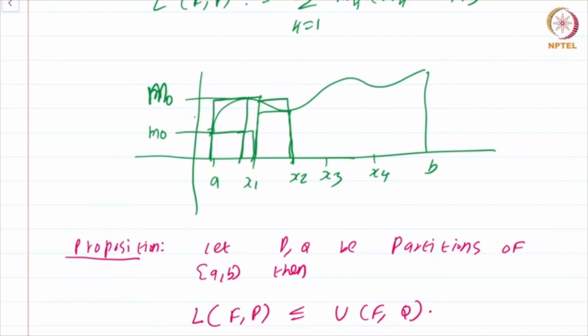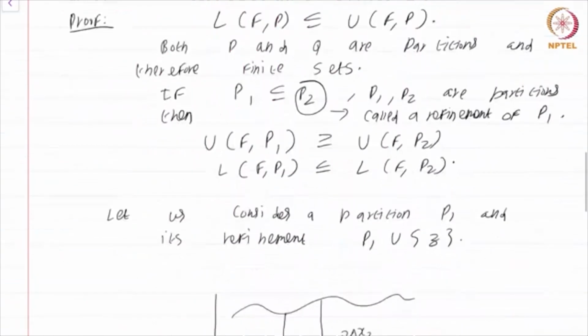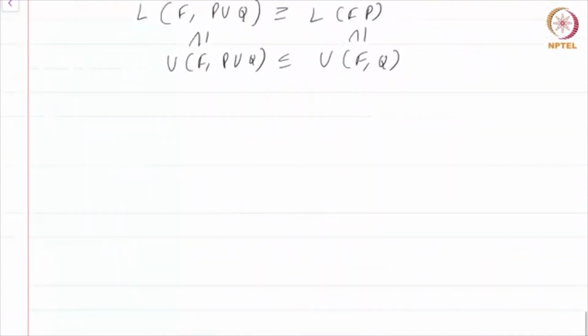So this is mimicking what was there in the final axiom of the axiomatic characterization of area. So you expect that when you add more and more points, these approximations get better and better. So now the next definition should not be a shocker at all.